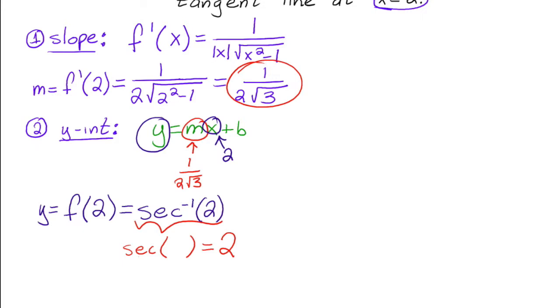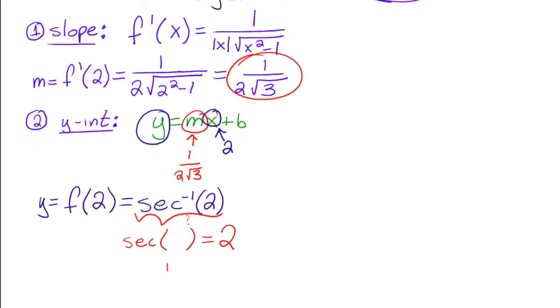Instead of thinking of it that way, let's convert it into cosine. So this is the same as saying 1 over cosine of what angle is equal to 2.